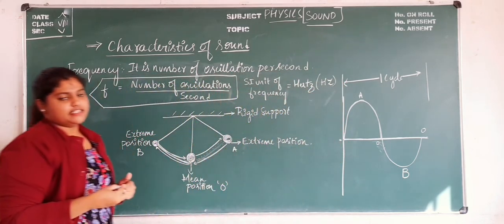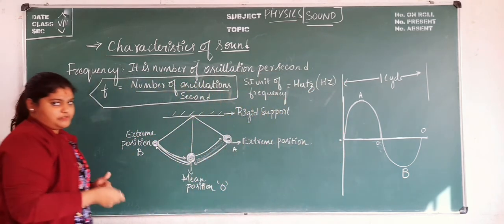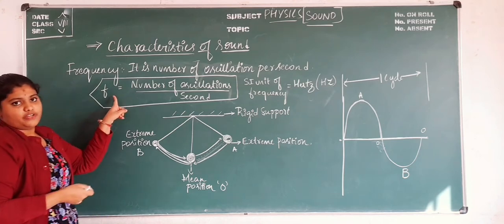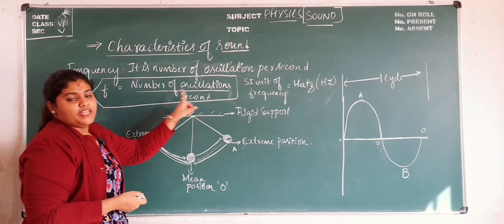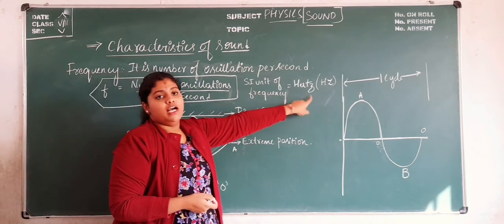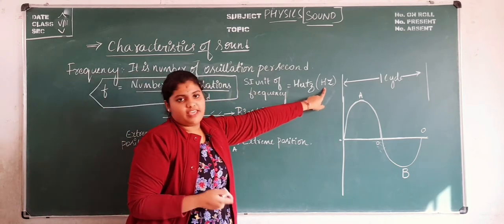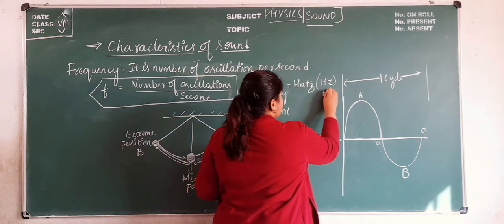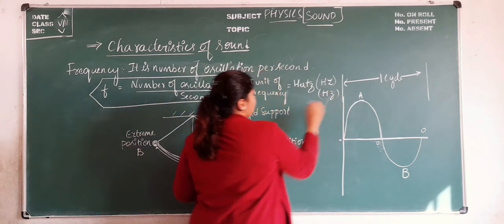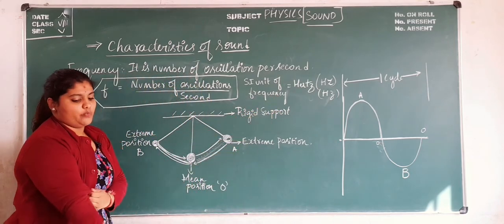The equation for frequency is small f equals number of oscillations per second, and the SI unit of frequency is hertz, denoted with a capital letter H and small letter z. So this is the SI unit of frequency.